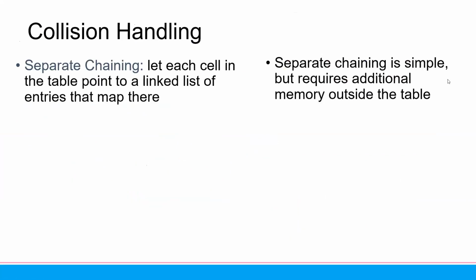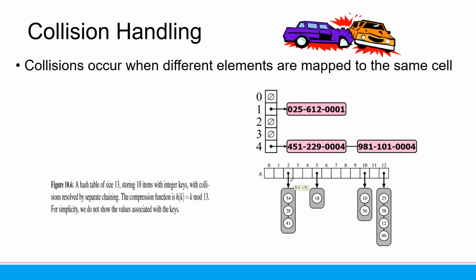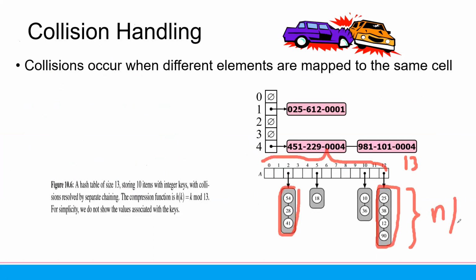So separate chaining is simple, but requires additional memory outside the table. You can just make another chain like this one, and another chain like this, but we need to have more memory here. It means if we have this size 13, we have additional memory depending on how many items you will have.